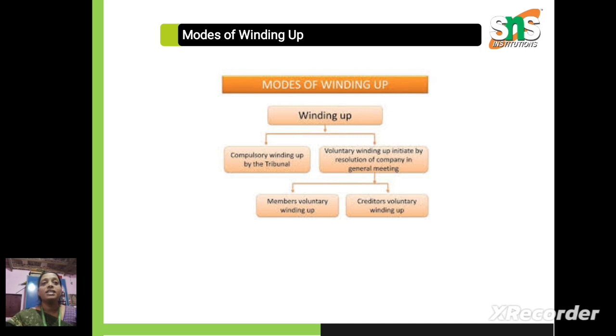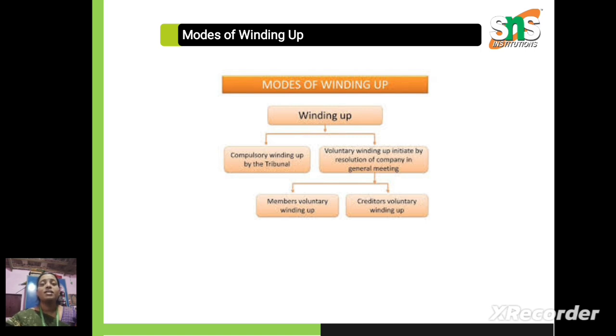A company may decide to dissolve voluntarily by ordinary resolution when the period specified in the articles for the duration of the company has expired, or when the event for which the articles provide that the company shall be dissolved has occurred. The next one is by passing a special resolution. A company may at any time, for any reason, pass a special resolution to be voluntarily wound up.